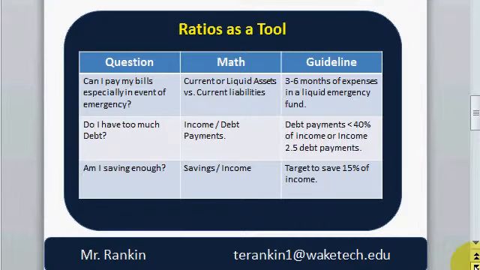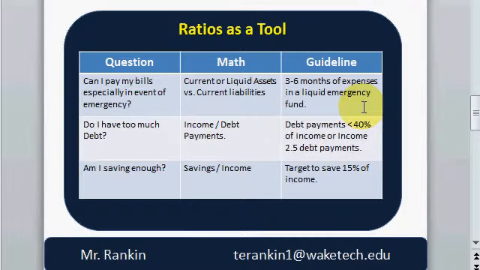Now, some ratios to understand how you're doing. What I've done here is laid out the question that's important to know, some of the math, and some of the guidelines that they have. So the first question is, could I pay my current bills? And especially, could I pay my current bills in the event of an emergency, such as I get ill or I lose my job, etc. So the pure math is looking at all your current or liquid assets compared to your current liabilities, or current things you owe.